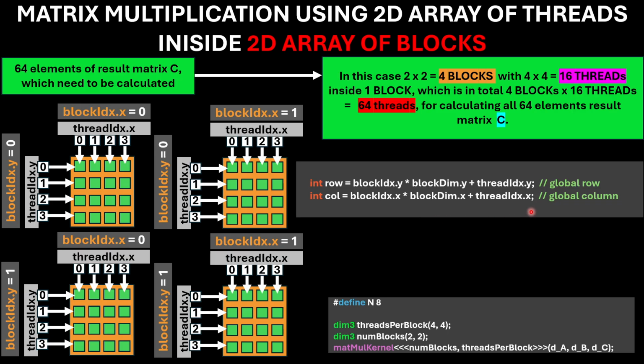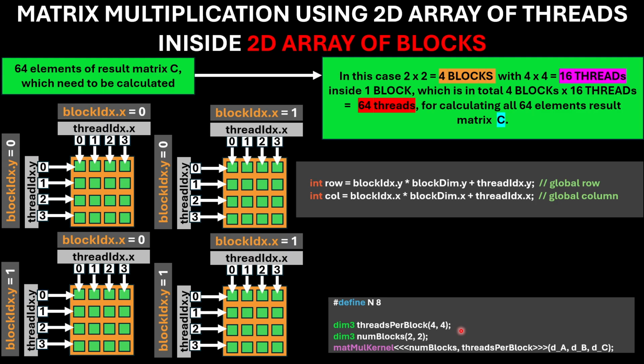How do we define the multi-dimensionality of our threads and indexes? We define it with dim3. So threads per block is 4 times 4, the dimensionality of the block, and the number of blocks in the grid is 2 times 2, as you can see: 2 in the y direction and 2 in the x direction, so in total 4.